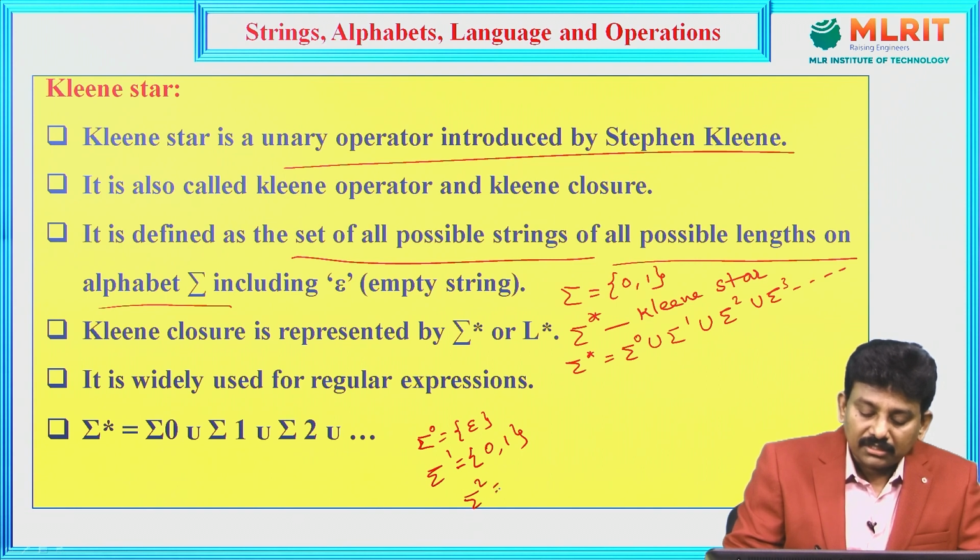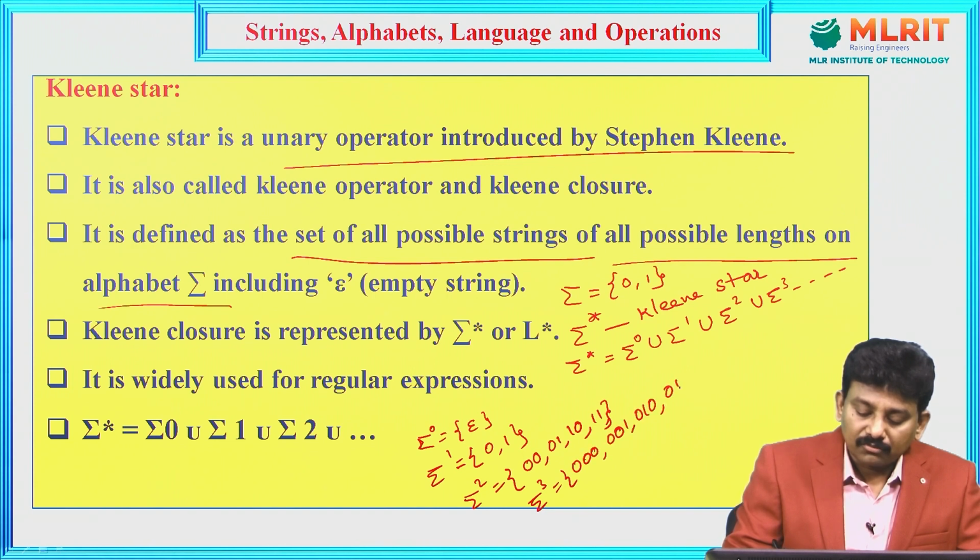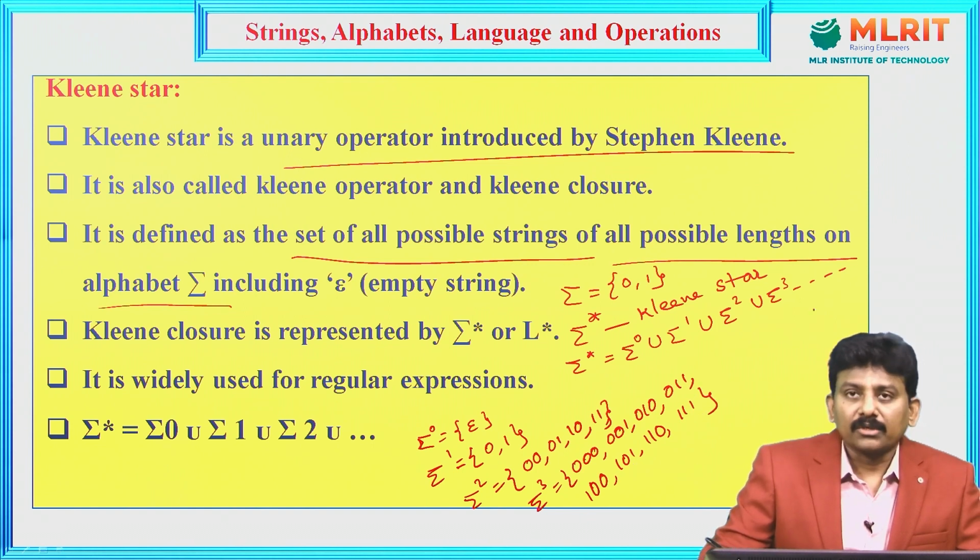Sigma power 2, the set of strings whose length is 2: 00, 01, 10, 11, that's all. Sigma power 3: 000, 001, 010, 011, 100, 101, 110, 111, and so on, sigma power 4 and so on.